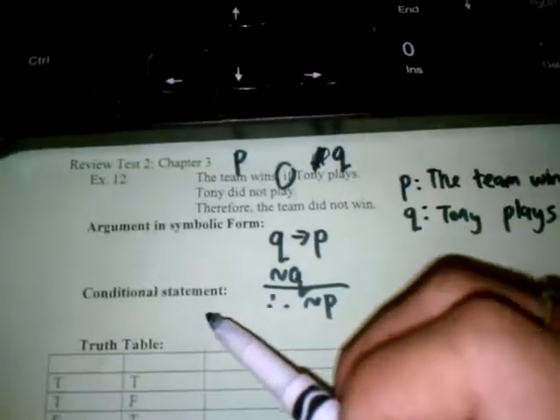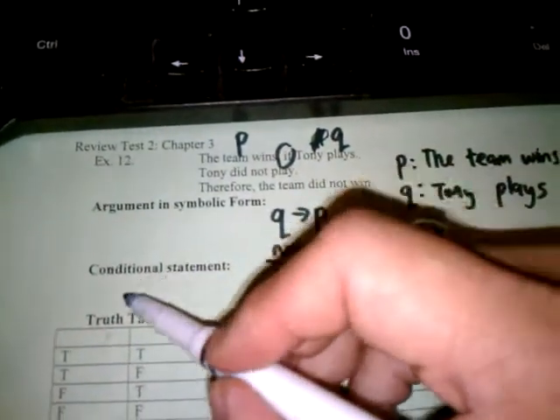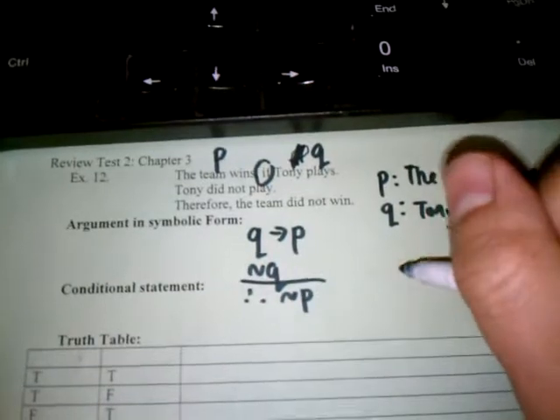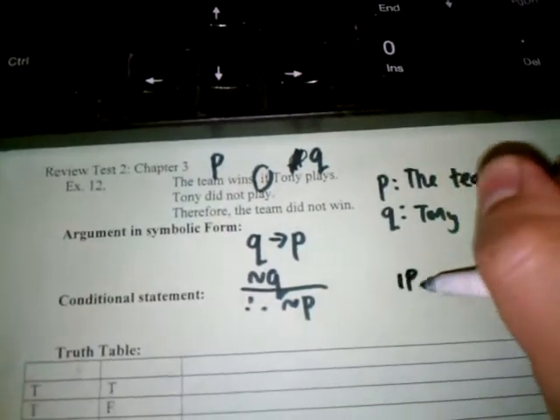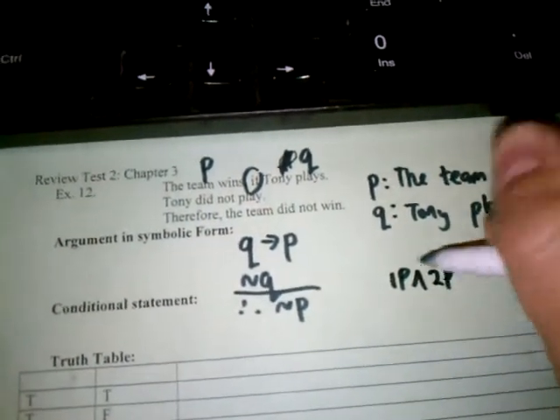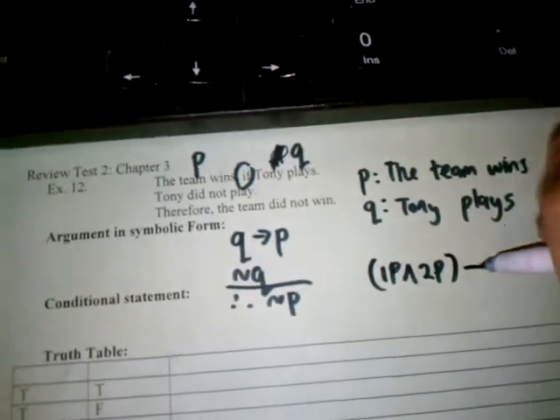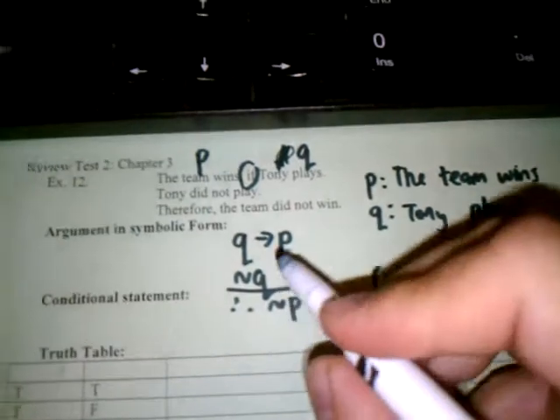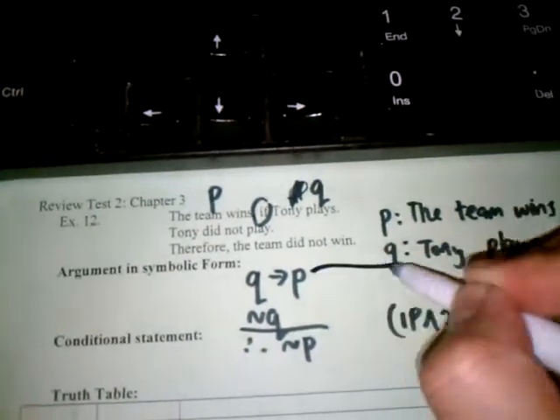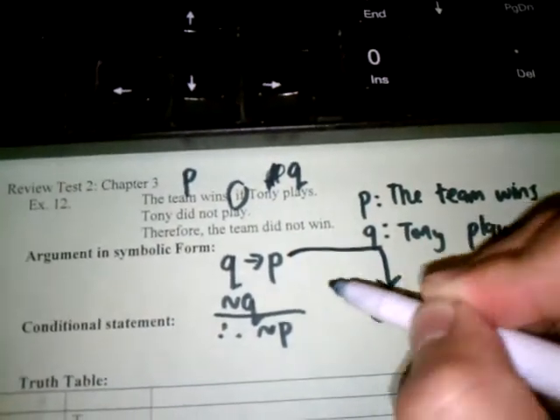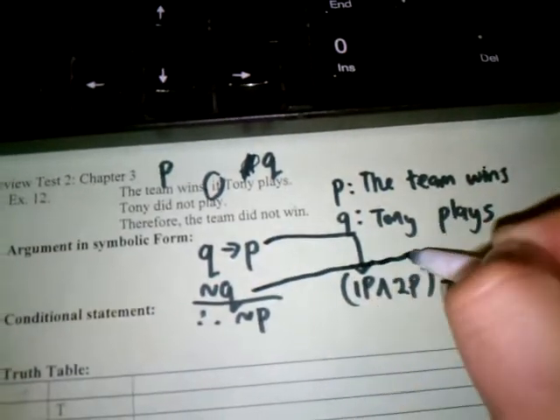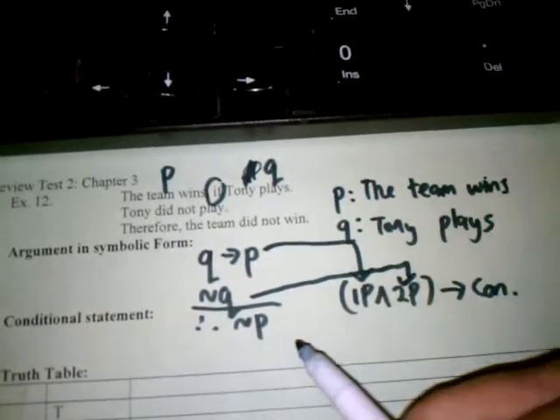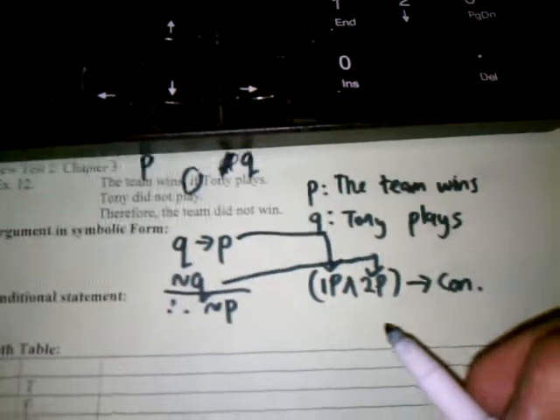Now, how do we write this as a conditional statement? The conditional statement is your first premise and your second premise, and they lead to the conclusion. Your first premise is the first sentence we have. The second sentence is your second premise, and the last sentence is your conclusion.